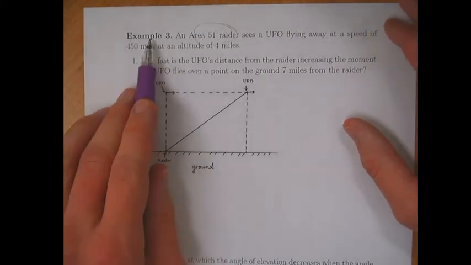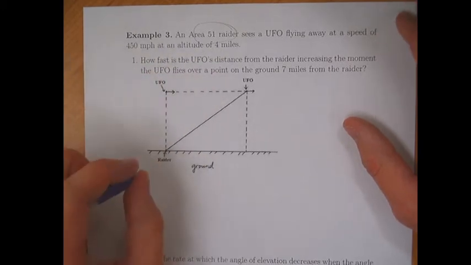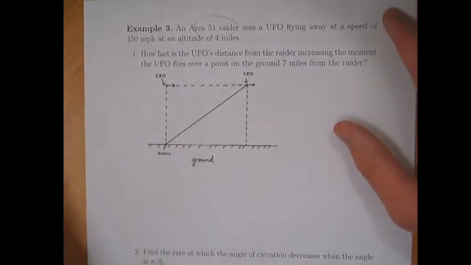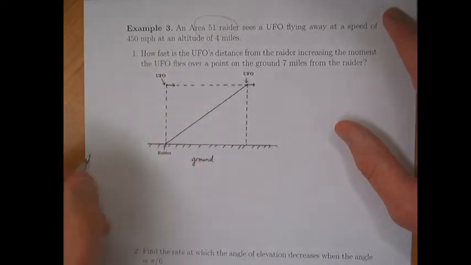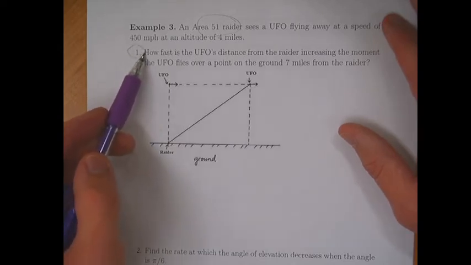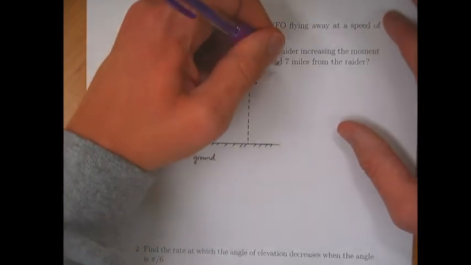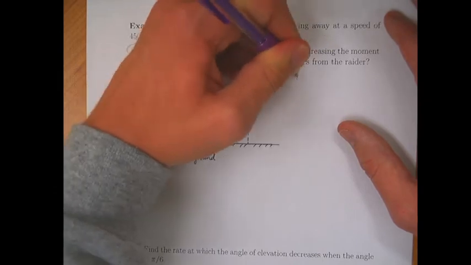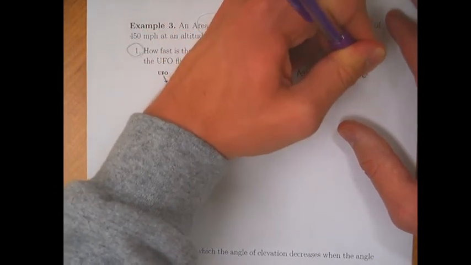So with example 3, the premise is an Area 51 raider sees a UFO flying away at a speed of 450 miles per hour at an altitude of 4 miles. For the first part here, it's similar enough to what we've been doing up until this point, so I'm going to skip this part. See notes on webpage.